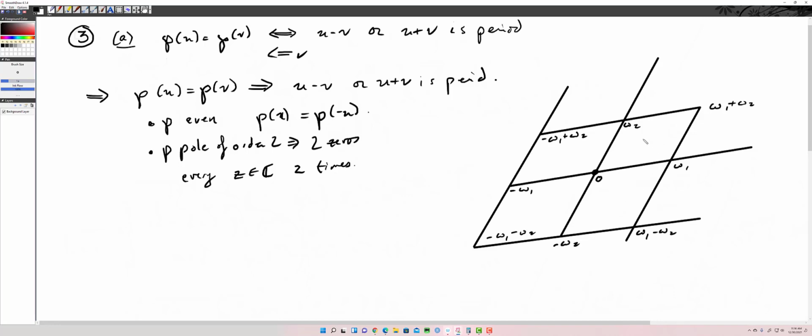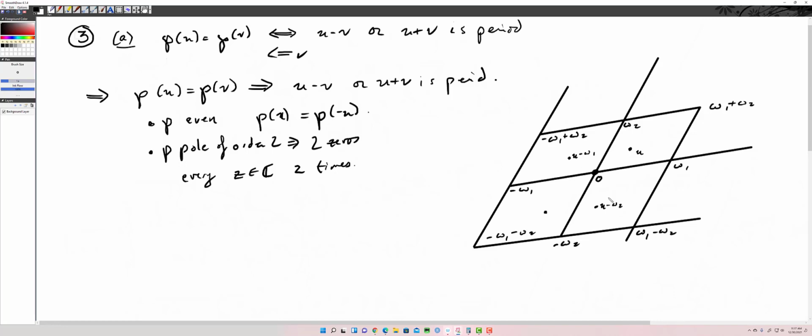We'll start with a U that's in, this is our parallelogram here, right? And I've kind of extended it a little bit so we can talk about what happens. So let's start with a U here. Well, this U, first of all, is clearly equal to this over here, which is U minus omega 1. It's equal to this U down here, U minus omega 2. It's equal to this point down here.